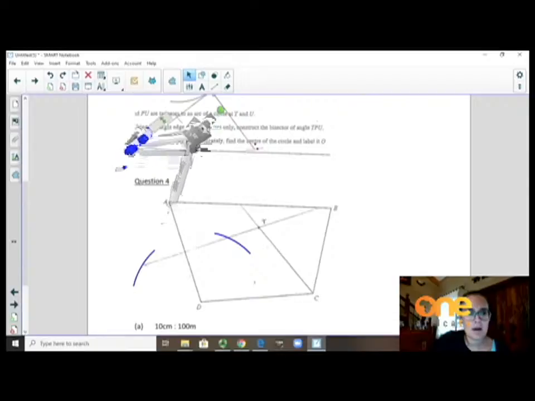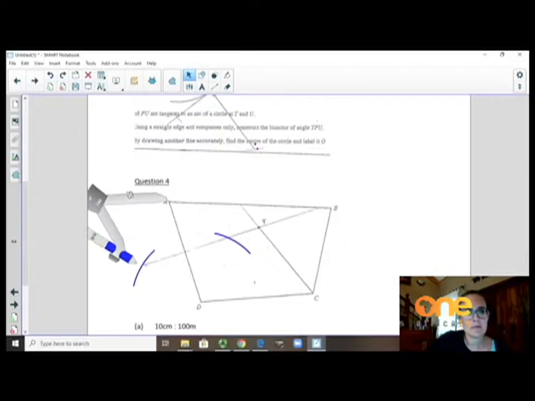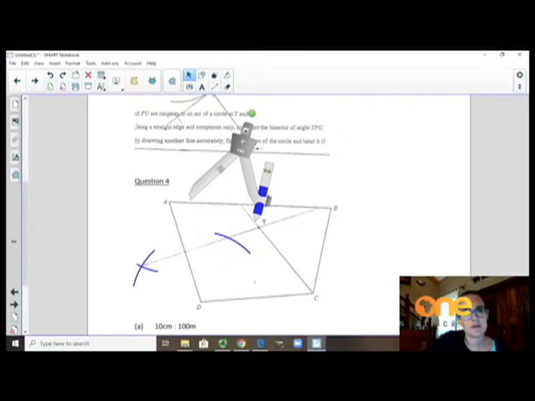Then the same I will do on A, with the same distance on my compass, constructing my lines, and just moving this a little bit back there, and I will construct that same line.